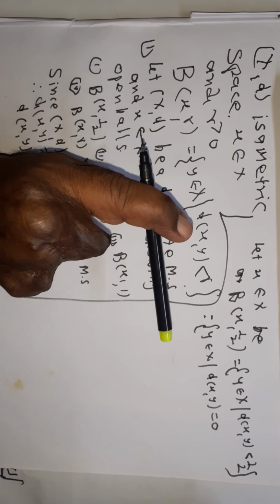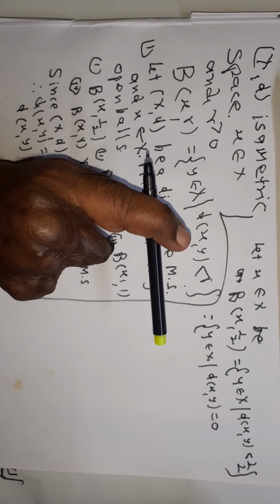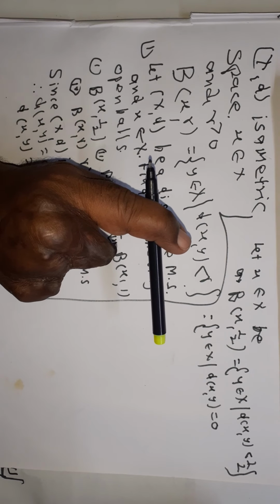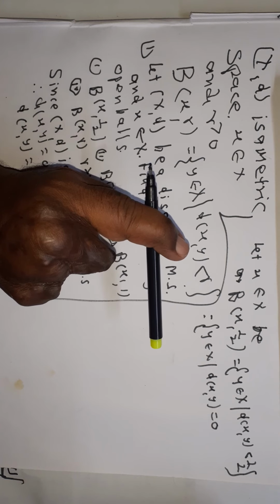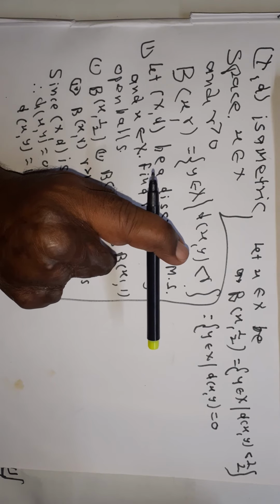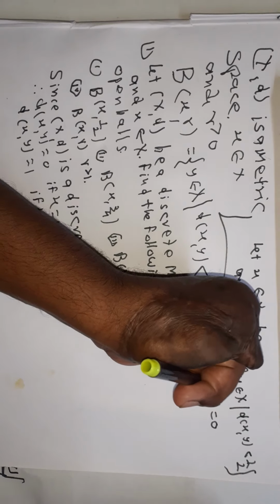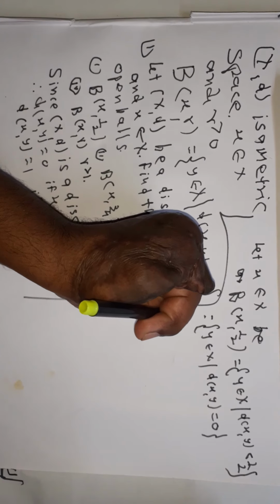Since there are only two distances, distance 0 and distance 1, when x is not equal to y the distance between x and y is equal to 1. But here the distance is less than half, therefore the distance between x and y is equal to 0.